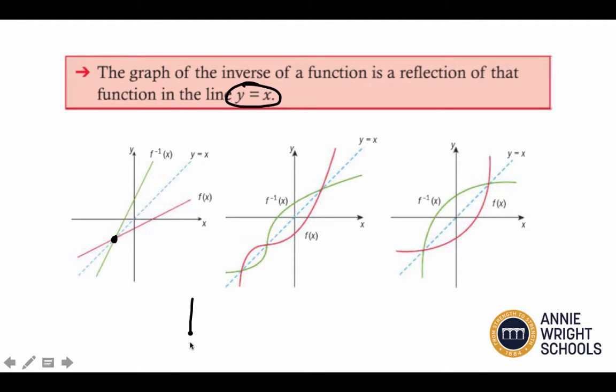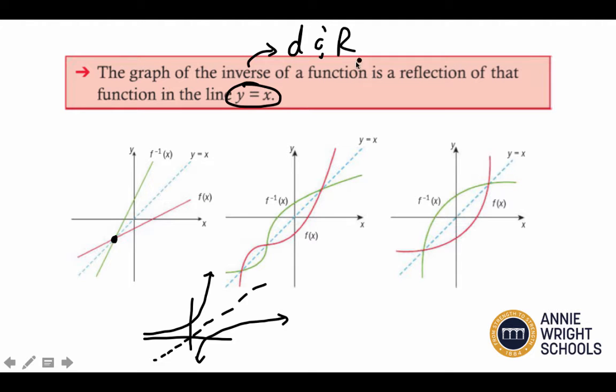There are functions that never touch the line y equals x, and then the inverse of that function never touches the line. It's reflected over this line, and it looks something like this. By reflecting over the line y equals x, inverses have a property where the domain and range actually flip.